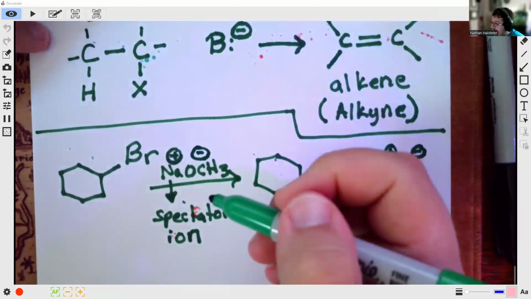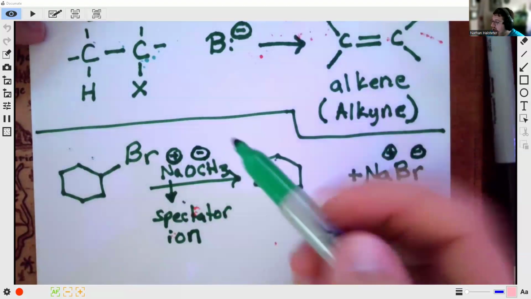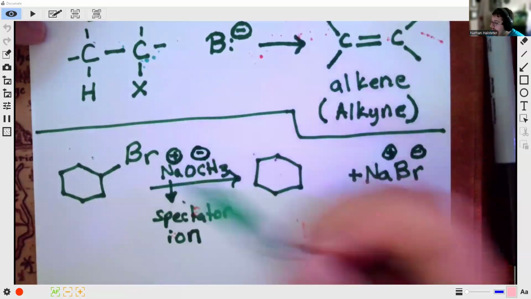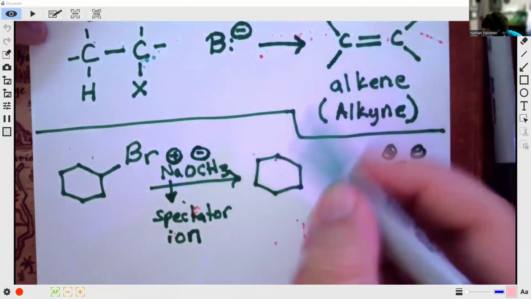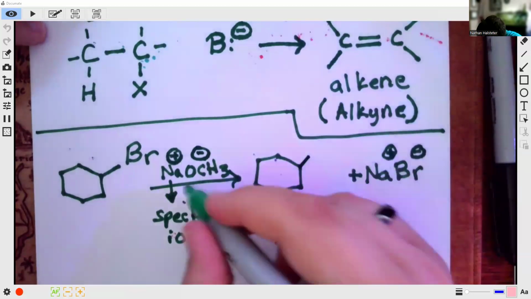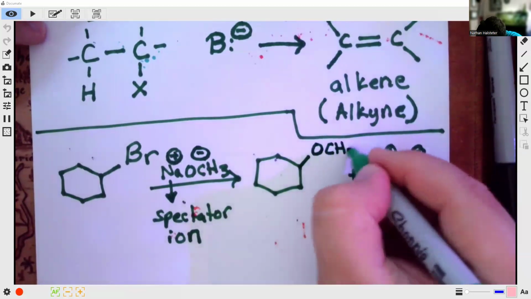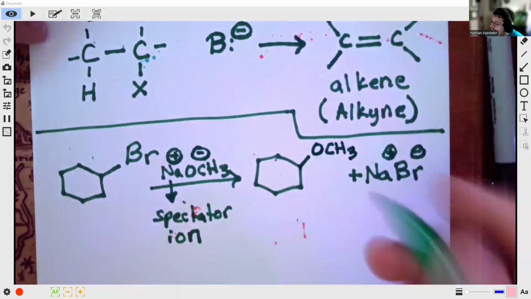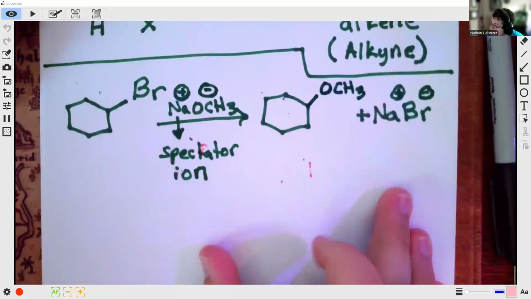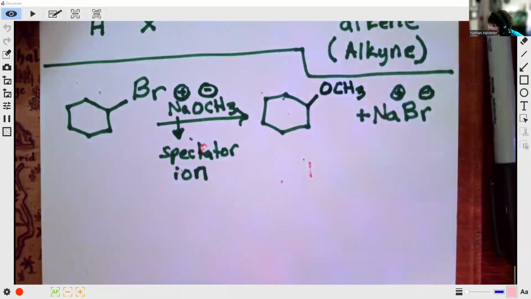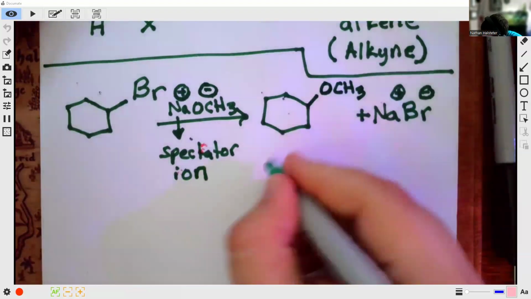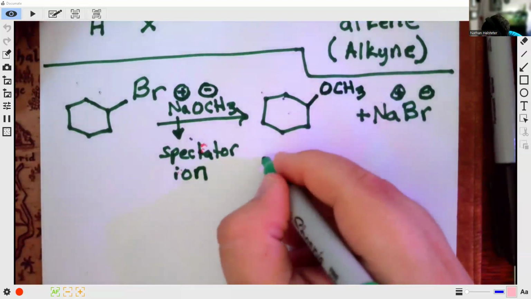So our product, remember, substitution reactions, we're changing one group out, a good leaving group, for a good nucleophile. So in this case, we would now add that whole group, OCH3. Congratulations, you have predicted the product of your first substitution reaction.